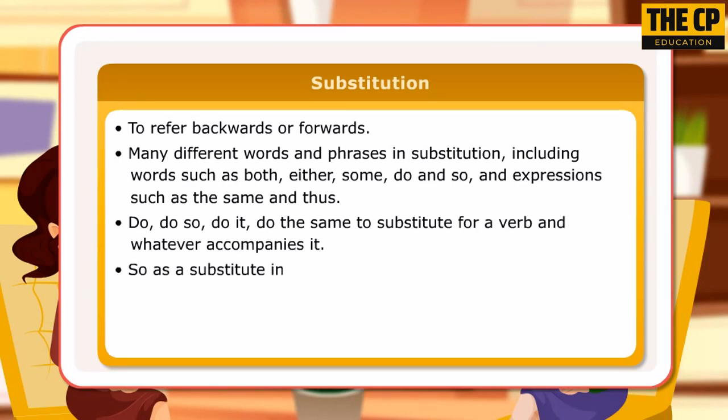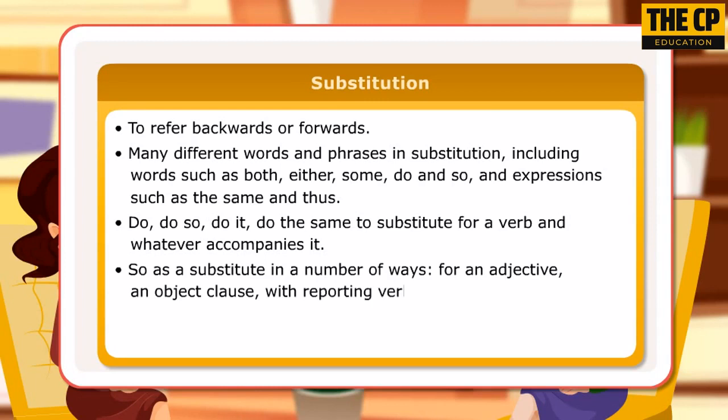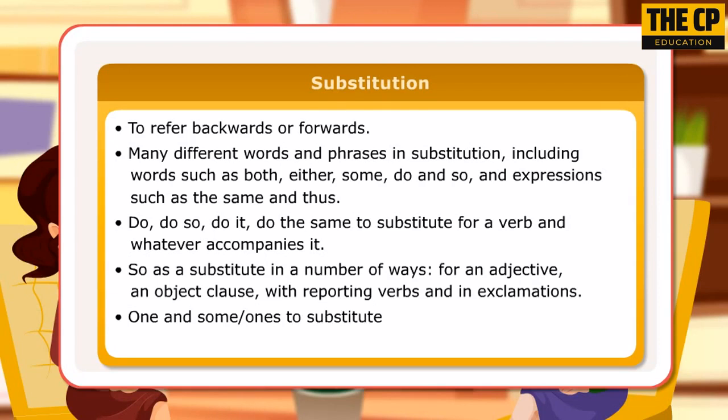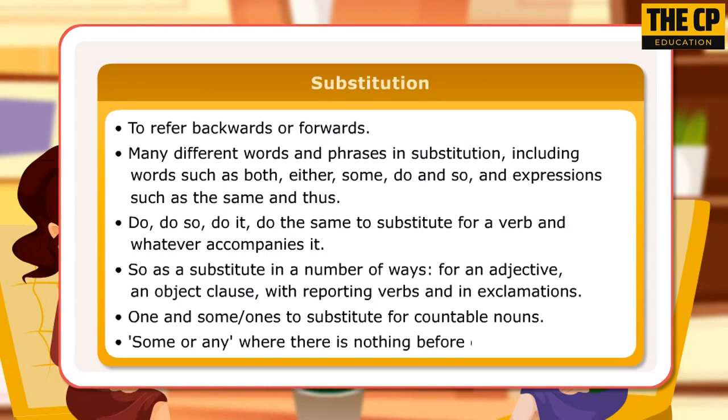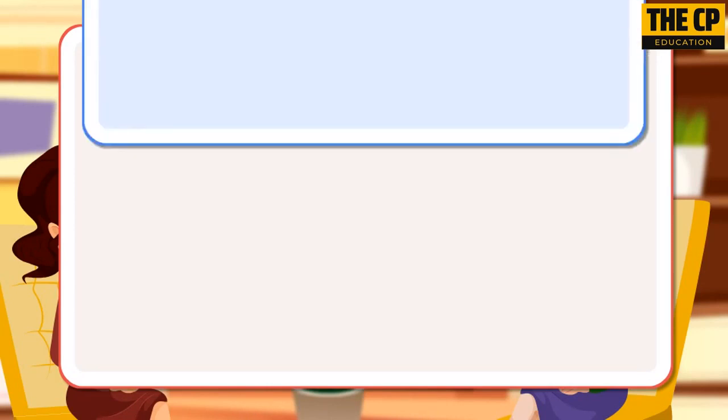So is a substitute in a number of ways for an adjective, an object clause, with reporting verbs and in exclamations. One and some or ones substitute for countable nouns. Some or any are used where there is nothing before or after ones.